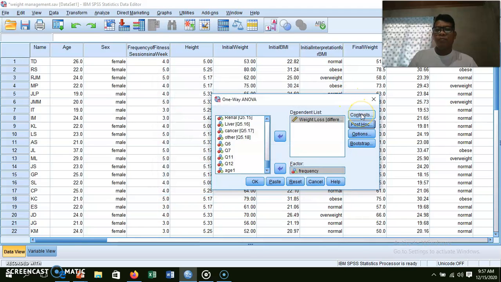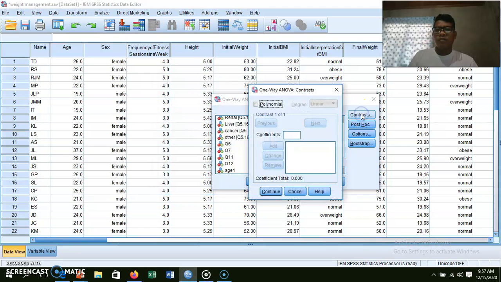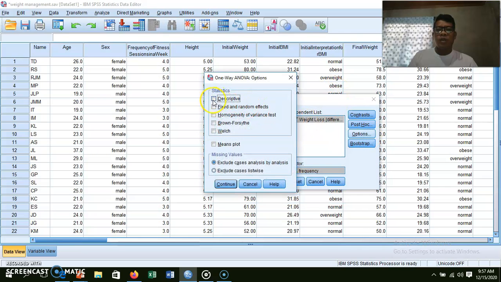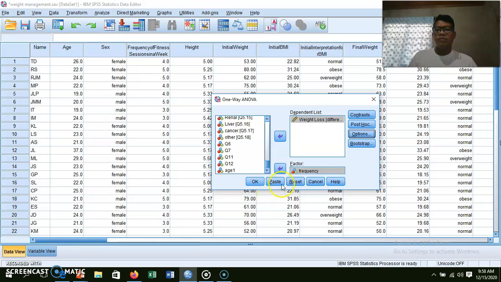We also have the Options button, which provides the descriptive statistics table of our data. Just click Continue, and then click OK.